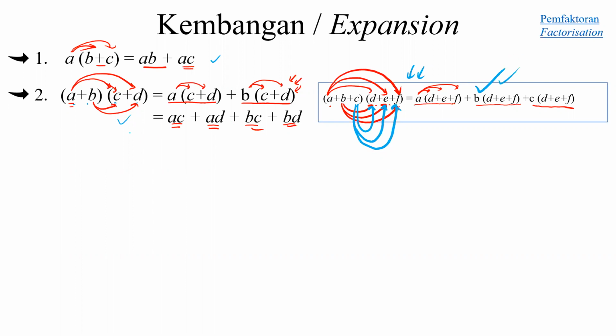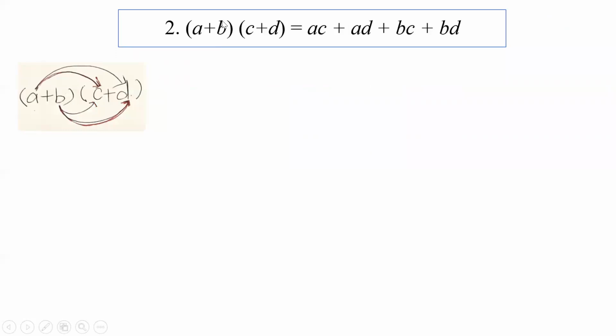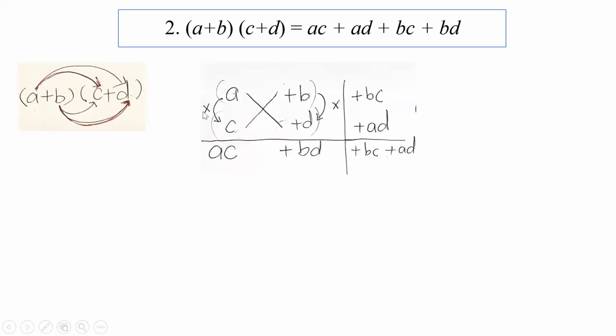Okay, so let's look into the question involving two terms in two brackets. Now, this is the arrow that we always draw in order to have a better view of what number is being multiplied. We can also use this method.